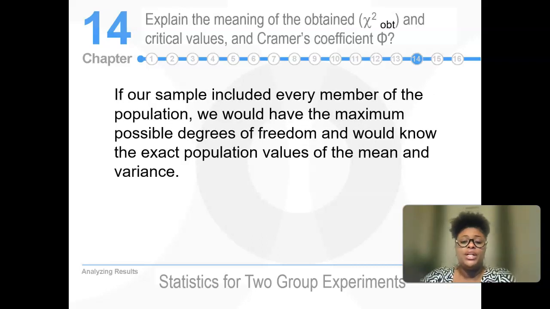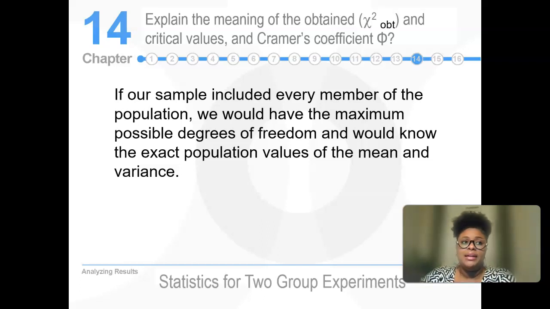If our sample included every member of the population, we would definitely maximize possible degrees of freedom, which you should know from your statistics course is your n minus 1. Remember, n is the number of scores within the distribution.